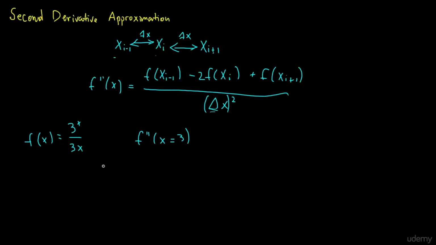In this case, we can just differentiate the function twice and apply x equals 3. So I can tell you that the analytic solution is somewhere around 2.0903. But we're going to do it using the approximation formula that's described here.